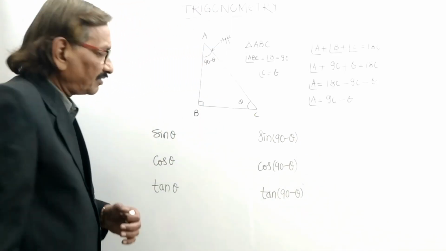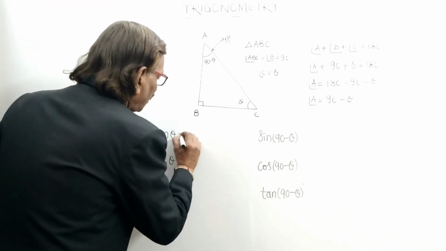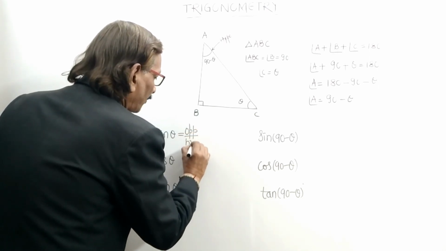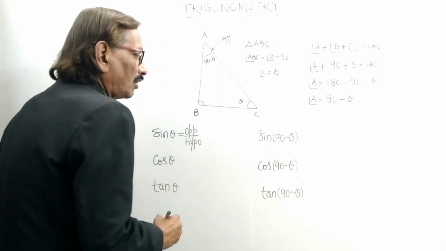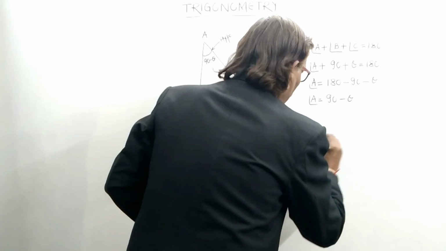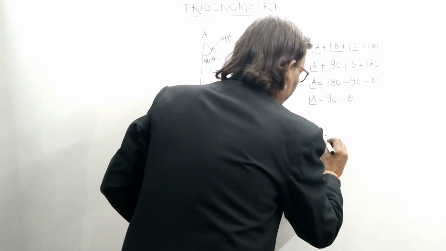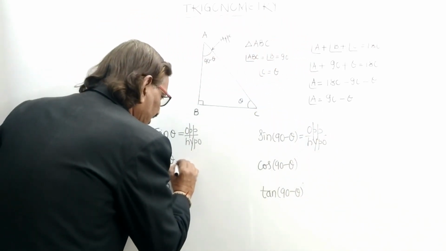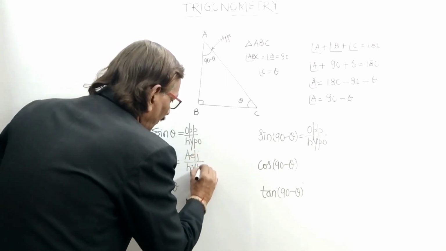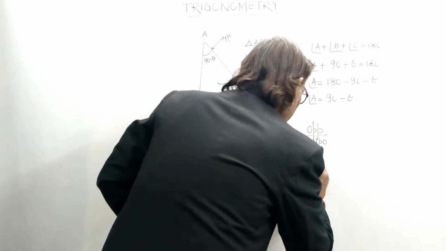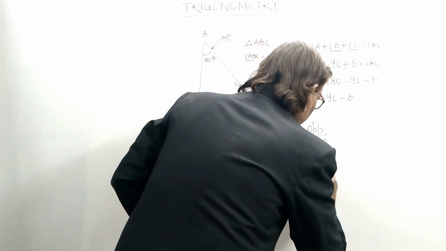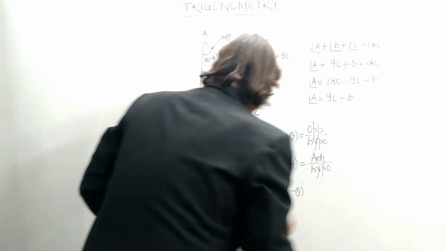Now see what happens. Sine theta is opposite upon hypotenuse. Even here you have to take opposite upon hypotenuse. Cos theta is adjacent upon hypotenuse. 90 minus theta adjacent upon hypotenuse.